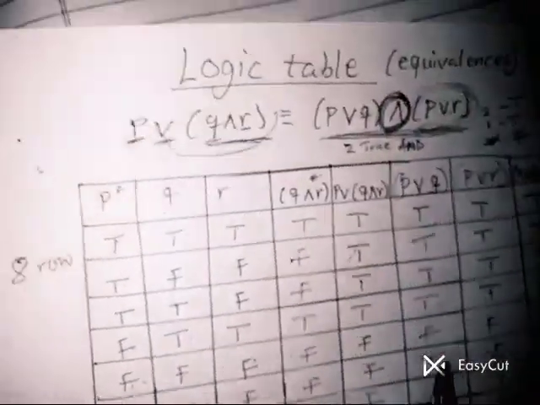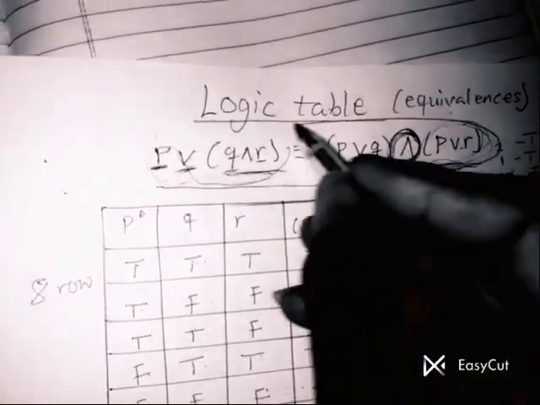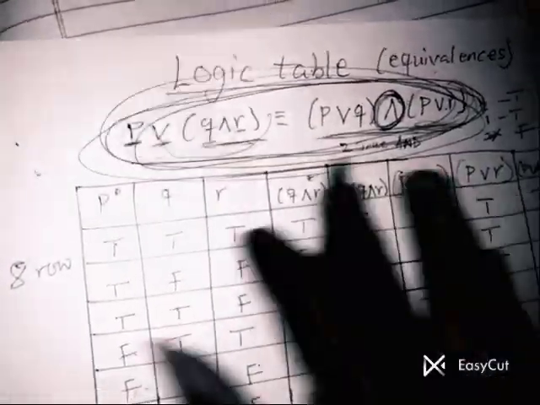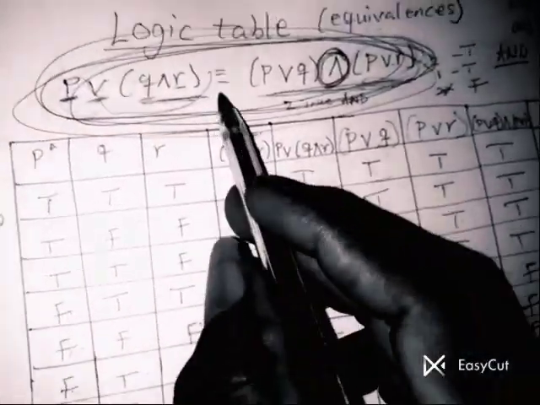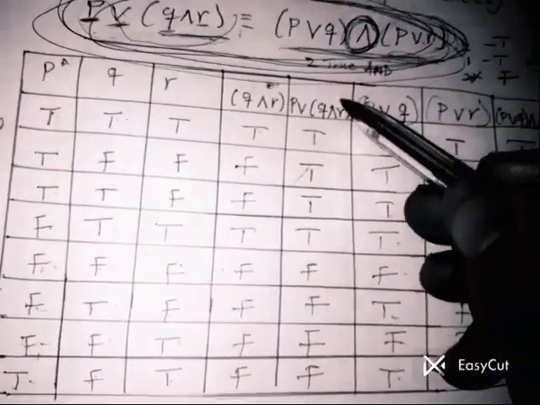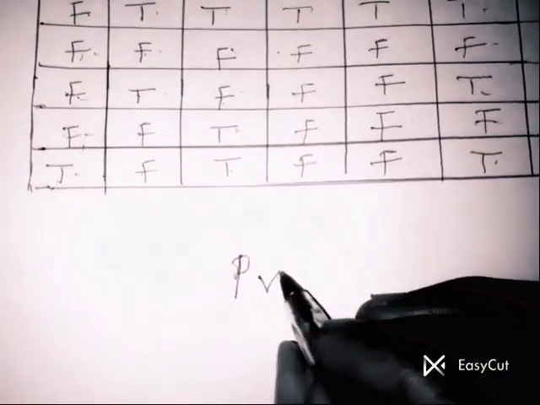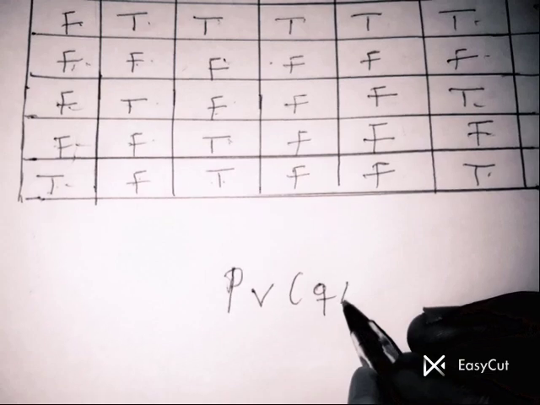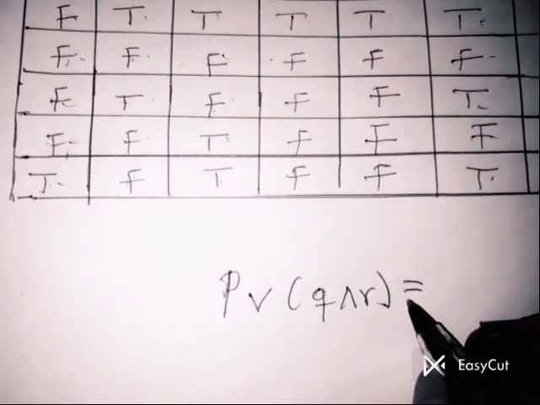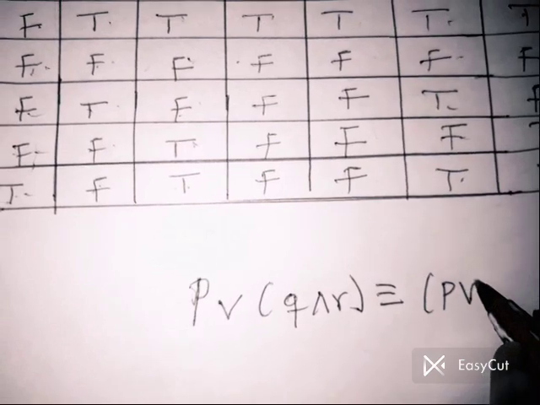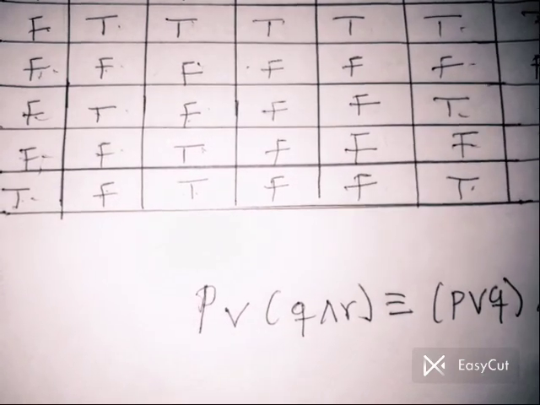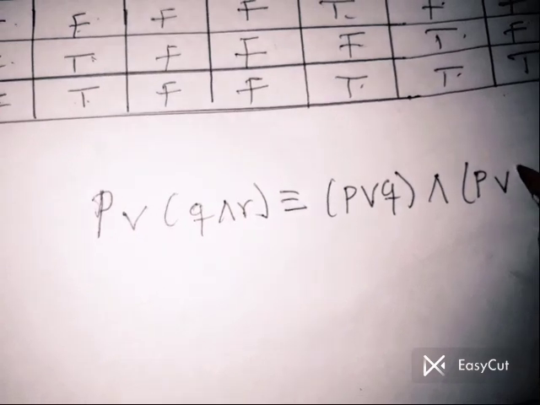So in this case we can say that this logic table here is equivalent, because the result that we got here and the result we got for this one are the same. So we can write it like P or (Q and R) is equivalent to (P or Q) and (P or R).